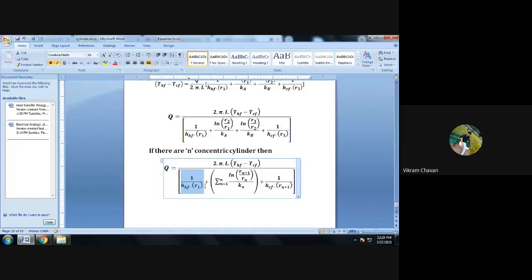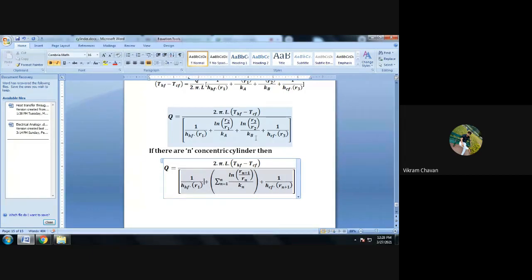Plus, now if there are two concentric cylinders, then we have taken the addition of two terms: ln of r2 divided by r1 divided by k suffix a, plus ln of r3 divided by r2 divided by k suffix b.